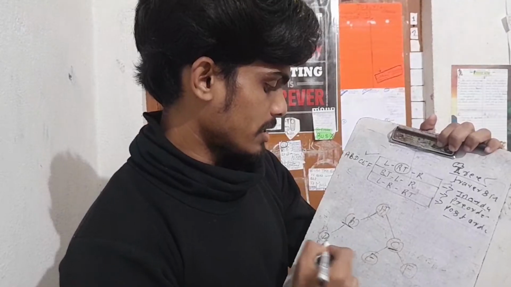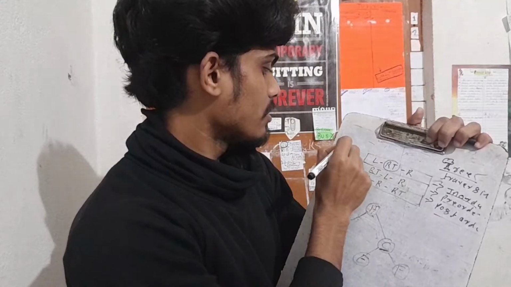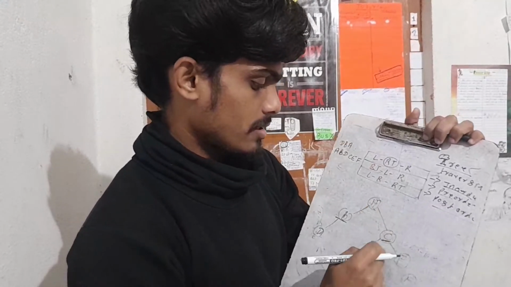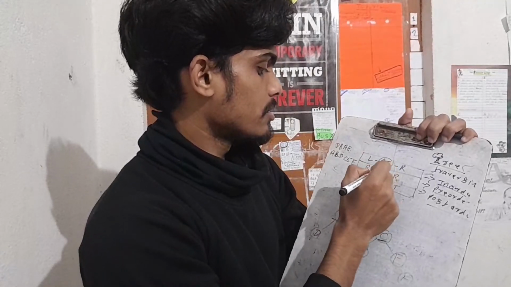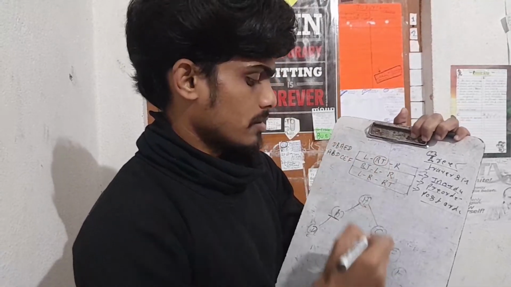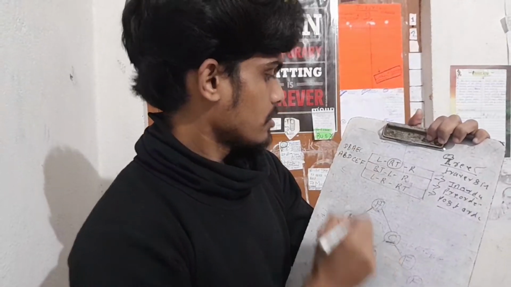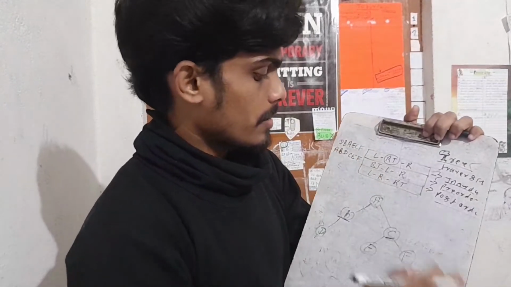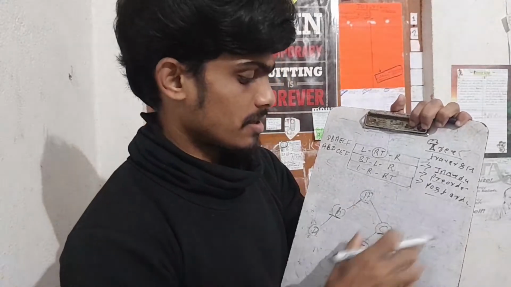Firstly, we will write D, then B, then A, then E, then C, then F. Fine. Now we are going to see the post-order of this tree.